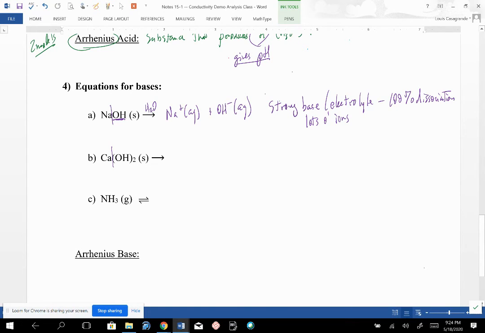Just like with the calcium nitrate before, we've got to watch our stoichiometry. Calcium 2 plus and 2 hydroxides. And again, strong, 100% dissociation. So a strong electrolyte.